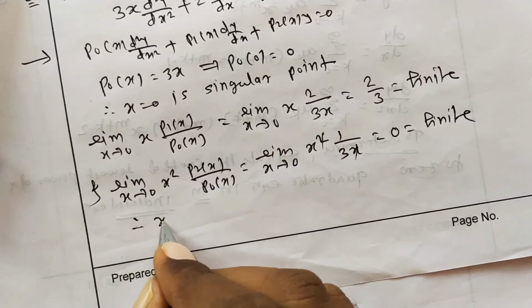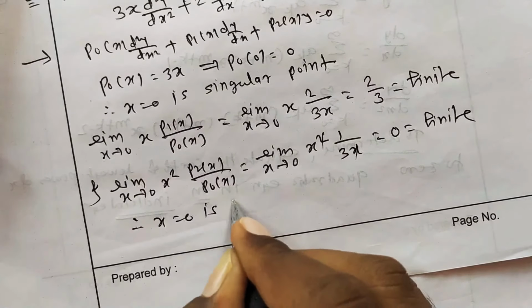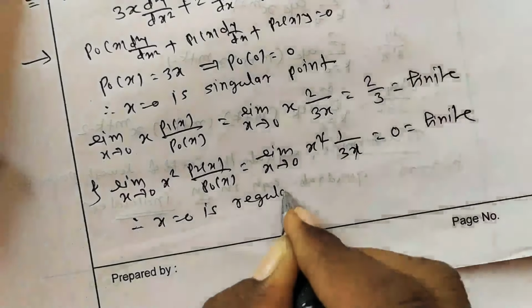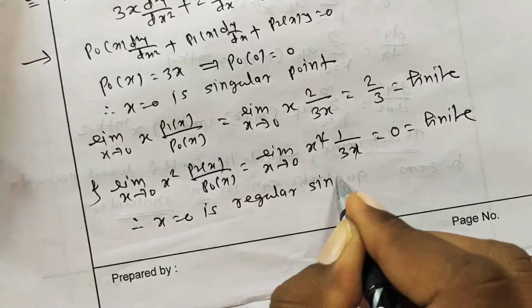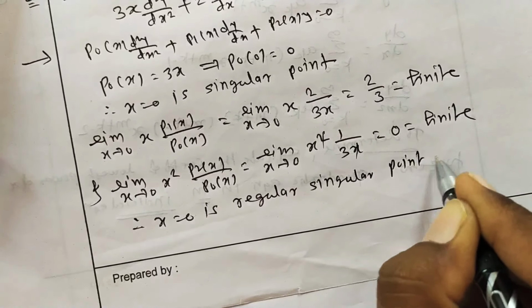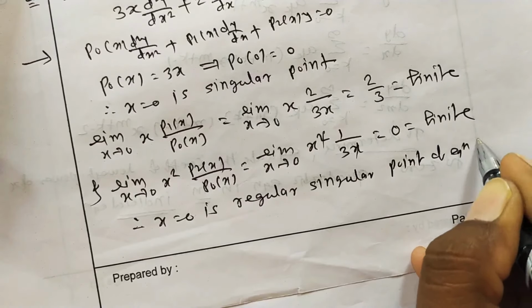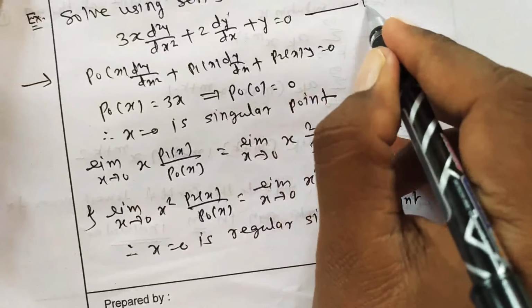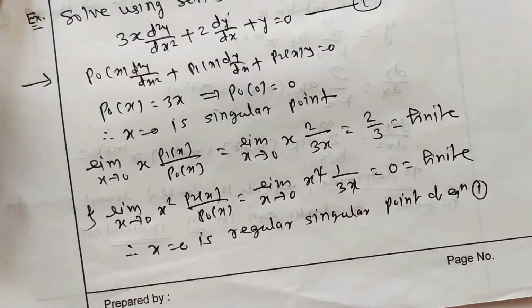So we can say that therefore x = 0 is a regular singular point of equation 1. Equation 1 means the given differential equation.